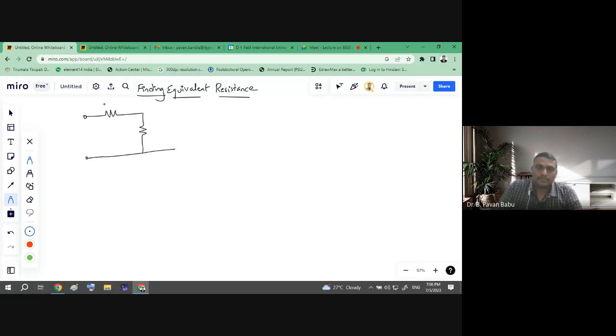I'm going with all the resistors with a combination of series and parallel connections. Or else we add some more.